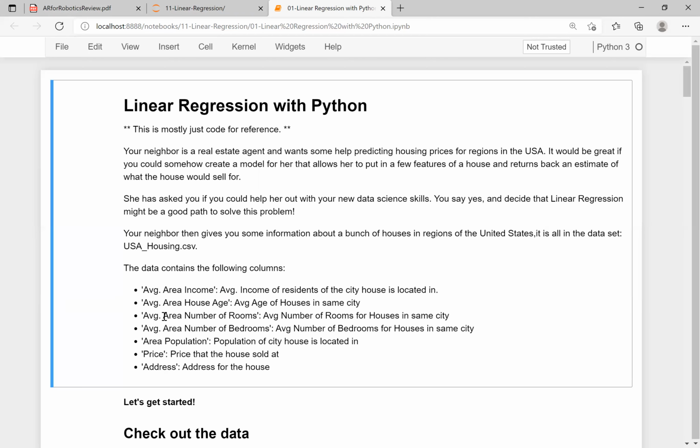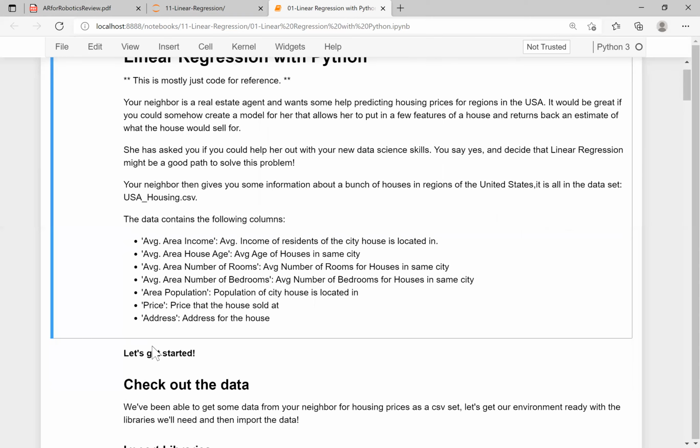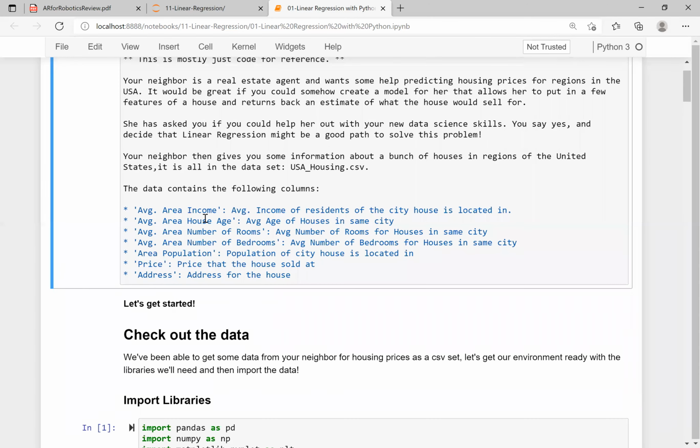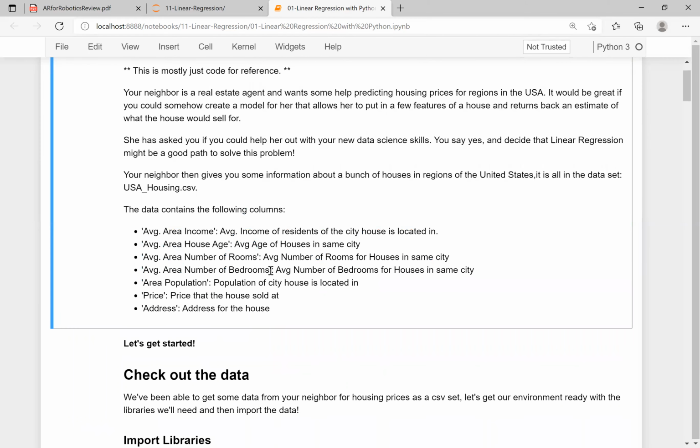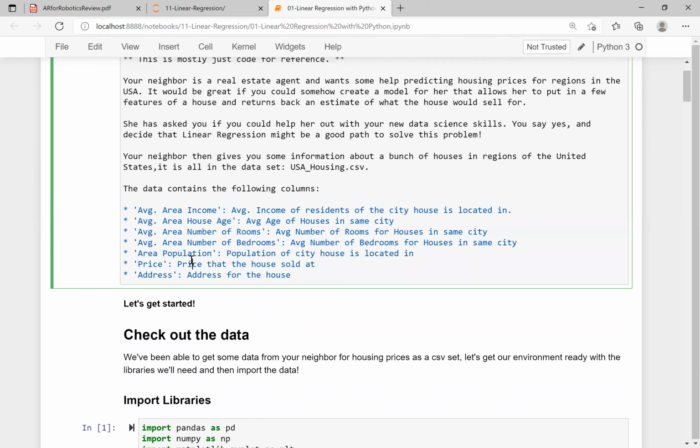It's how many rooms, number of bedrooms, and what is the population of that area, right? The house prices in Bangalore are going to be high as compared to the outskirts of Bangalore. And price is what is the price of the house, and address is what is the address of the house. So we see that this is the price column in which we are interested.